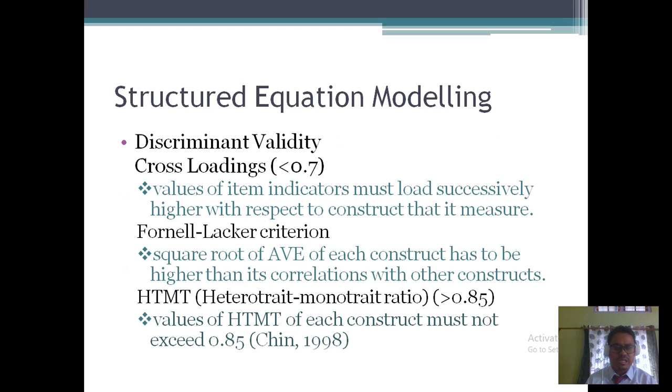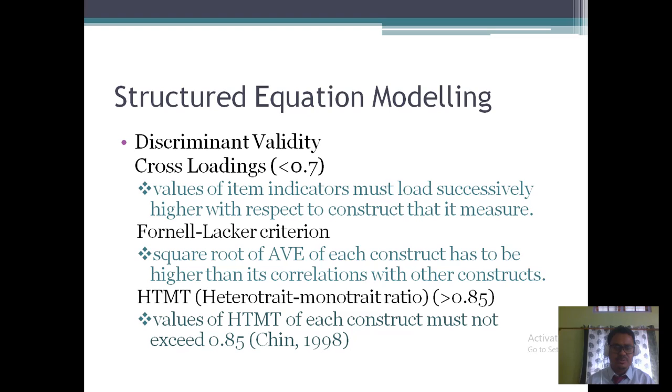Also, there is a requirement to establish discriminant validity when one undertakes structural equation modeling. This can be done through different measures such as cross-loading. Cross-loading has to be again greater than 0.7. Cross-loading values of each item indicator must successfully load higher than the value of the corresponding construct that it measures.